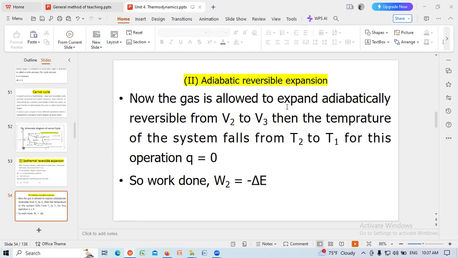Adiabatic reversible expansion. Now the gas is allowed to expand adiabatically and reversibly from V2 to V3, and the temperature of the system falls from T2 to T1.